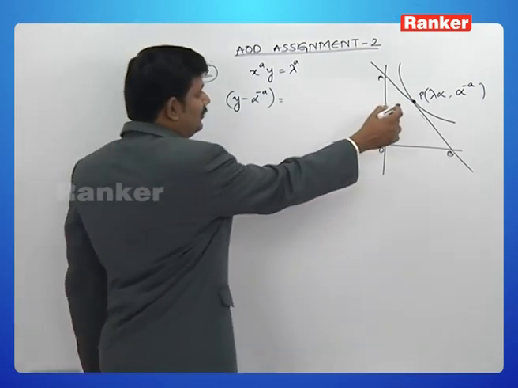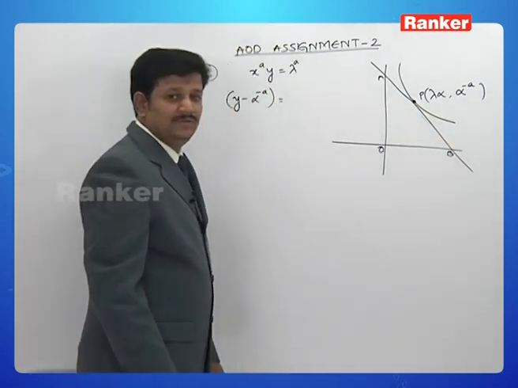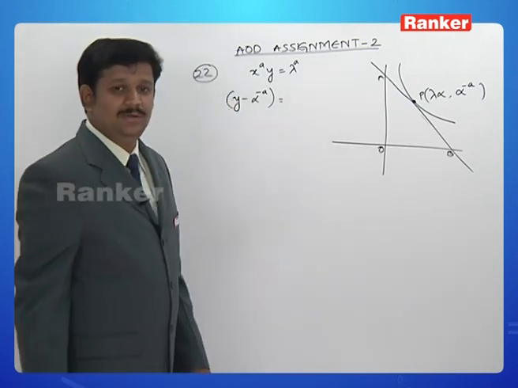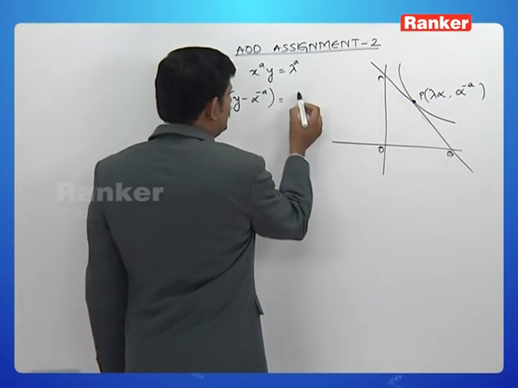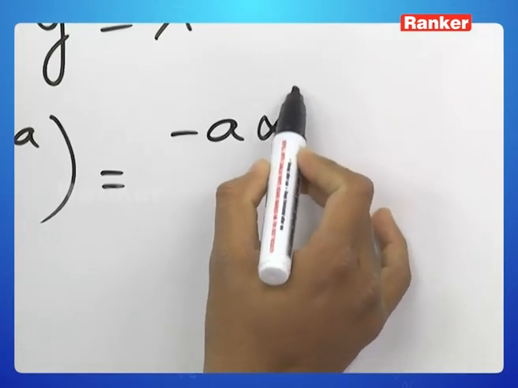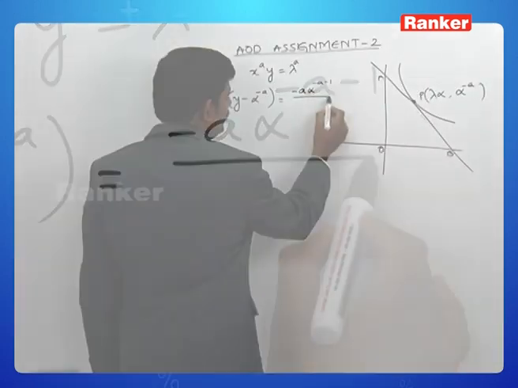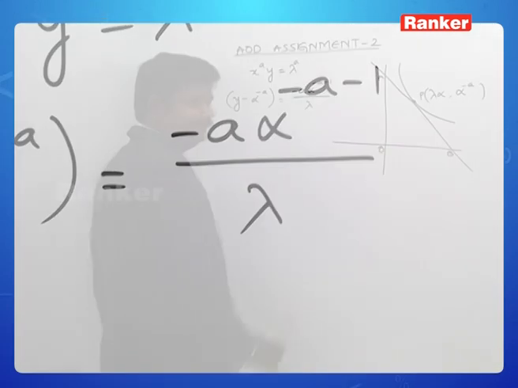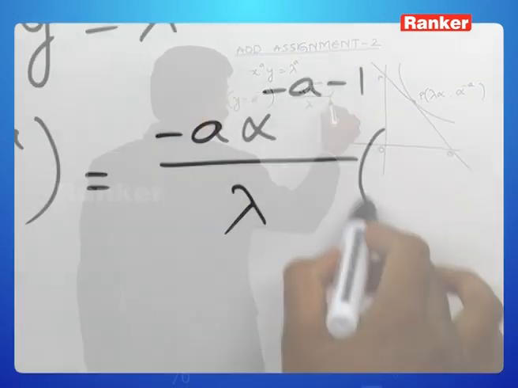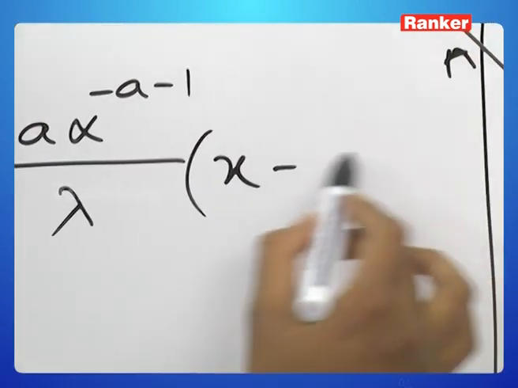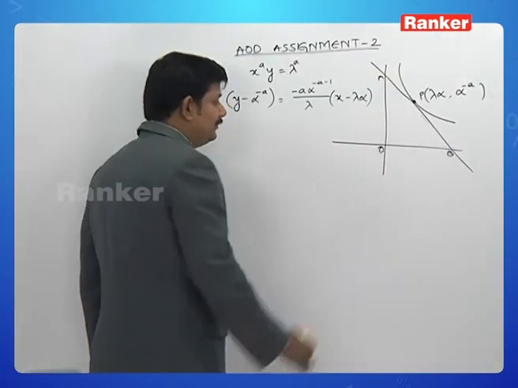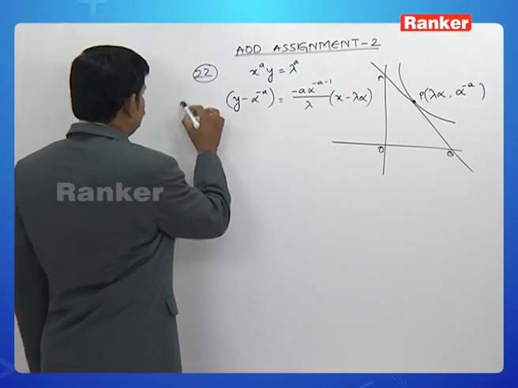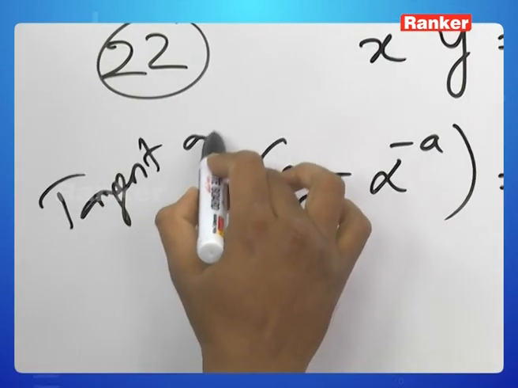Differentiating y with respect to α and x with respect to α, dy/dx is (dy/dα) divided by (dx/dα). So it is −a α^(−a−1) divided by the derivative of x with respect to α, which is λ, into x minus x1, the x coordinate at P, λα. This is the equation of the tangent at P.